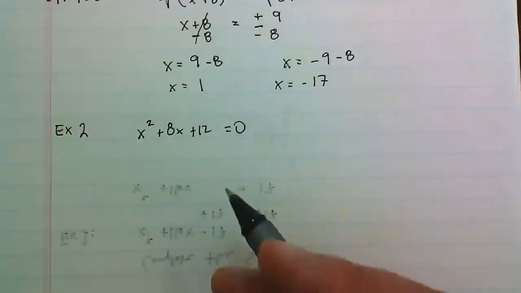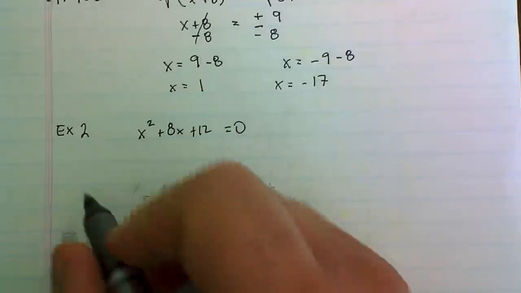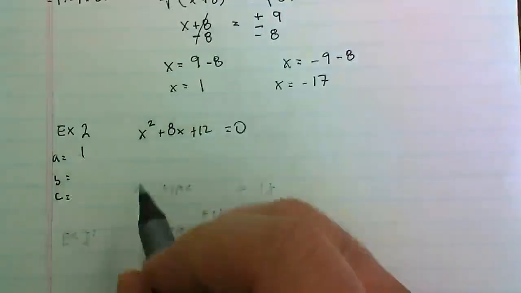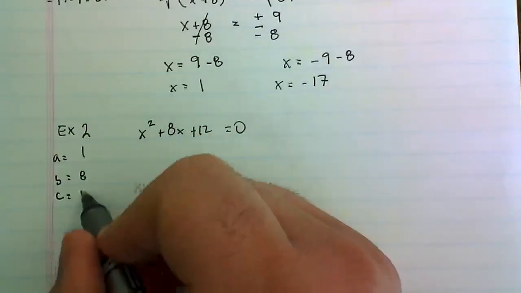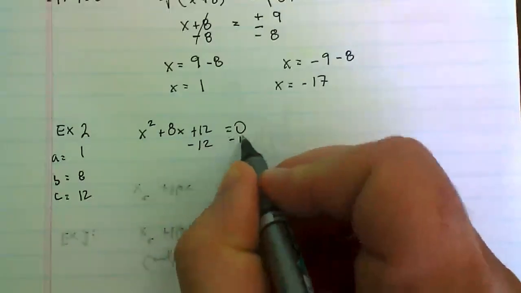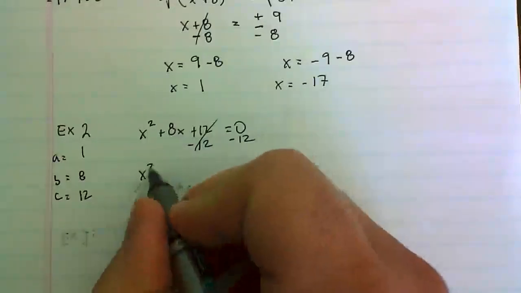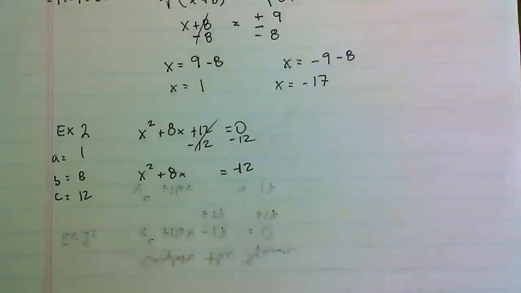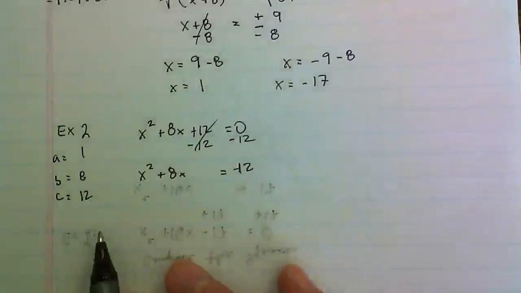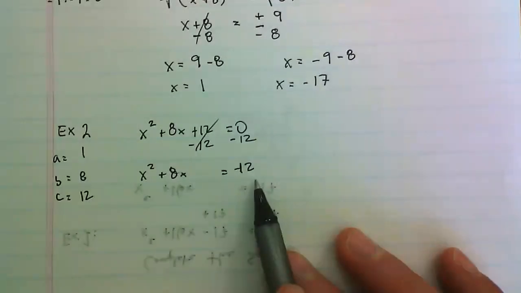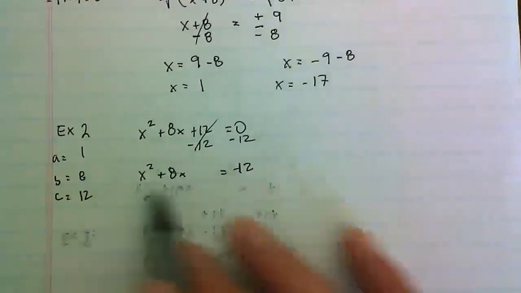Okay, I'm going to finish up with one final example here. We've got x squared plus 8x plus 12, and we're going to set that equal to 0.